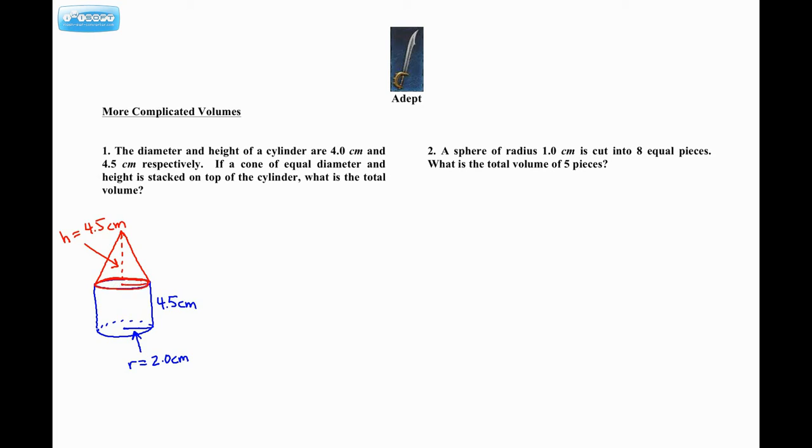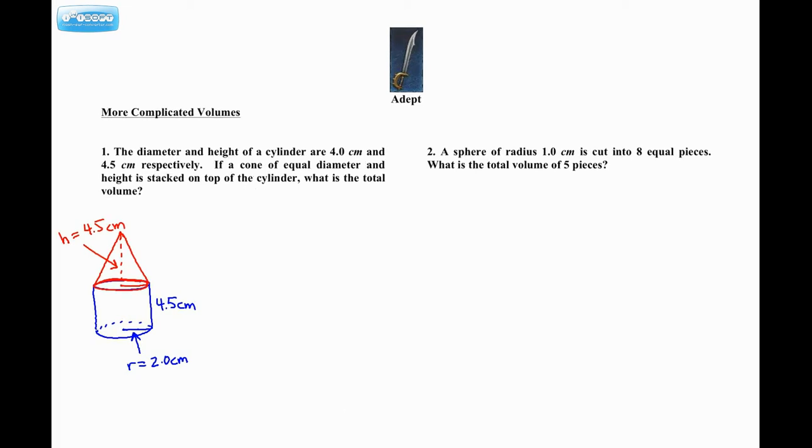Okay, so what's the total combined? In fact, it wouldn't matter whether these were stacked together or not. It wouldn't change the volume at all. But let's work it out. Now, before I work this out, I'm going to fix my labeling here just to be really clear. I'm going to call this R1, and I'll call this H1.